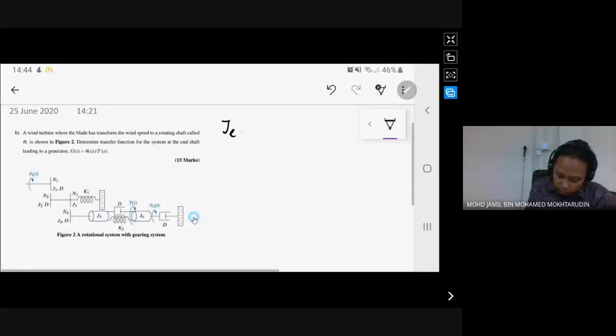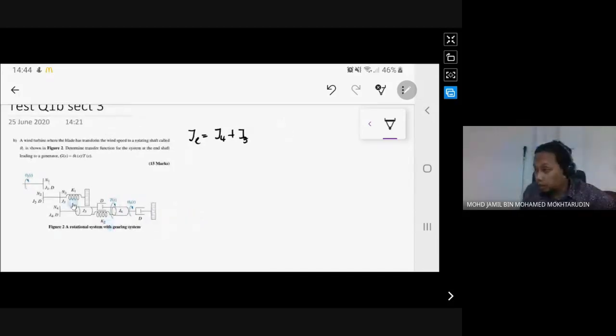So the equivalent J, JE, will be J4 plus J5. And then J3 here, you must multiply with the gear ratio. So the gear ratio is N4 over N3 squared. So plus J3 times (N4 over N3) squared.